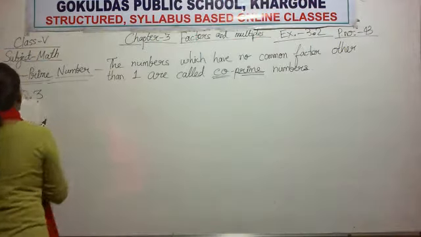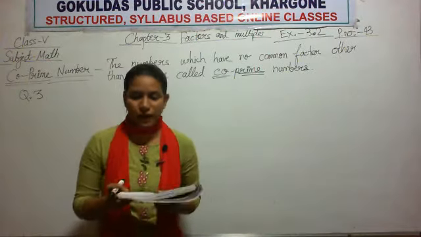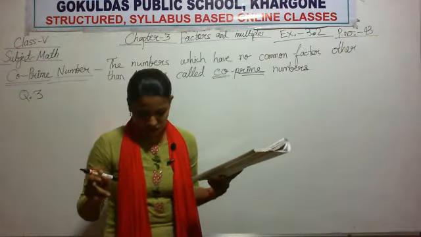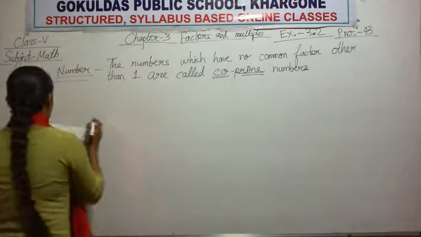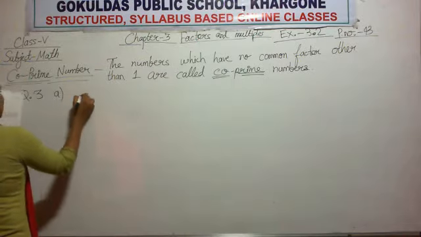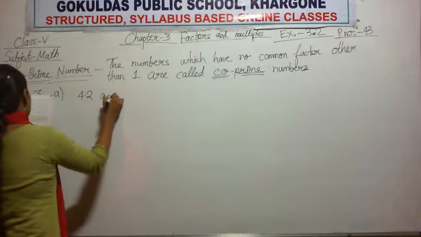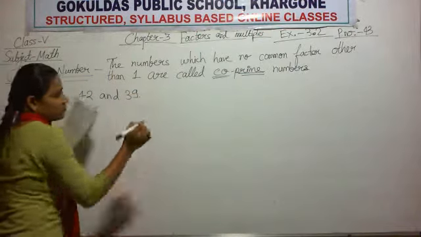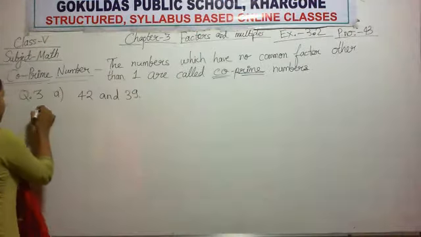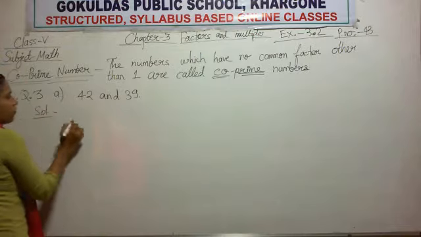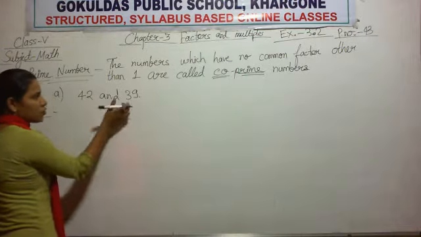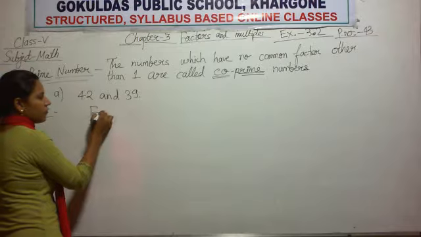Question number 3. Check if the following numbers are co-prime or not. So let us check. A, two numbers are given, 42 and 39. What you have to do is write the factors of both the numbers.